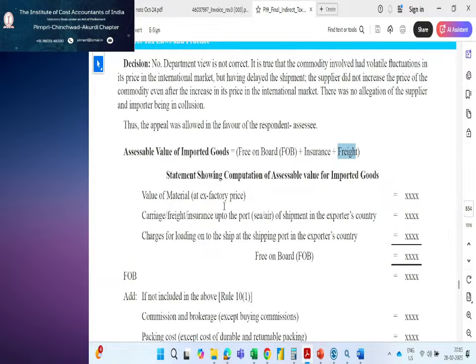So FOB, insurance and freight, free on board, insurance and freight. So the statement showing computation of assessable value for imported goods. For all the problems in valuation, based on the question, we have to prepare the statement showing computation of assessable value for imported goods.